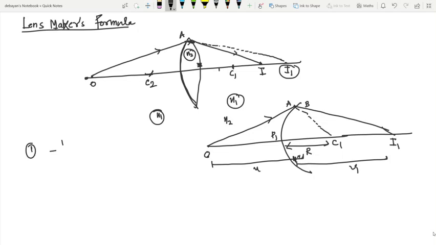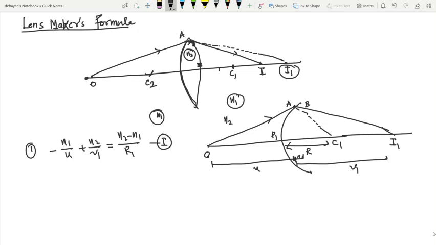That is the first equation. Now, this ray AB is refracted by the first surface, and because the lens is there, it is also refracted at the second surface. So finally the image I1 acts as a virtual object placed in the denser medium for the second spherical surface.